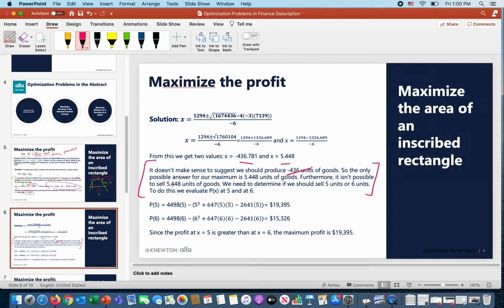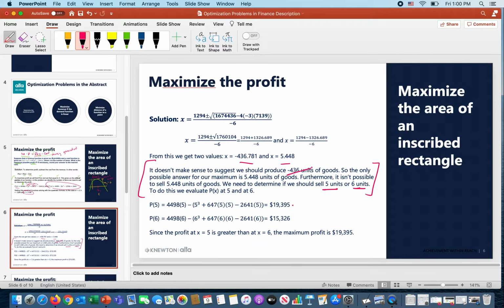It really isn't possible to sell 5.448 units of goods, right? Well, what I need to do is see how much profit I will get from selling 5 units and how much I will get from selling 6 units. So I'm going to evaluate the function at 5 and evaluate the function at 6. In other words, I'm evaluating the profit function.